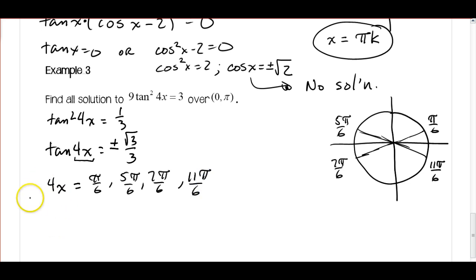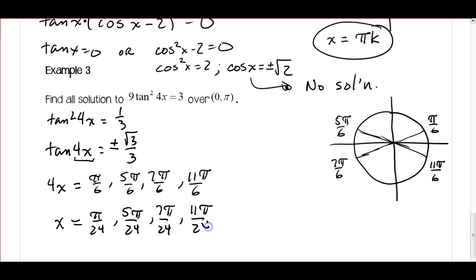Okay, so we're going to multiply through by a fourth or divide by 4, whatever you want to do. So I'm going to get pi over 24, 5 pi over 24, 7 pi over 24, and 11 pi over 24.